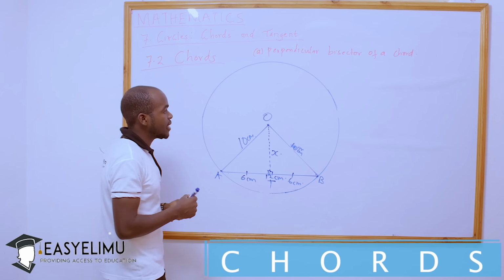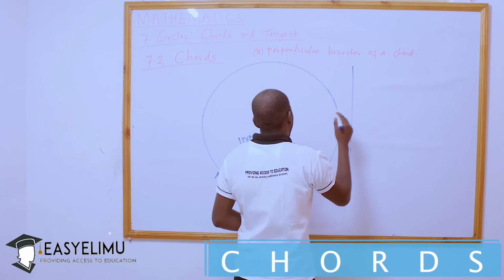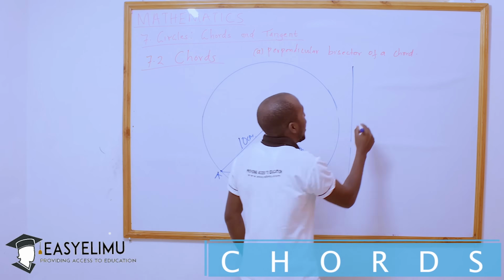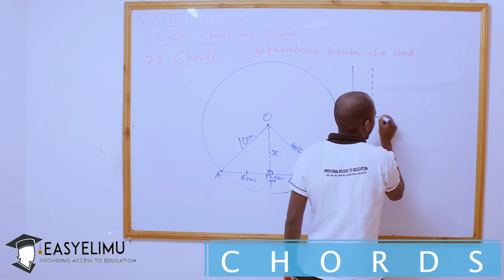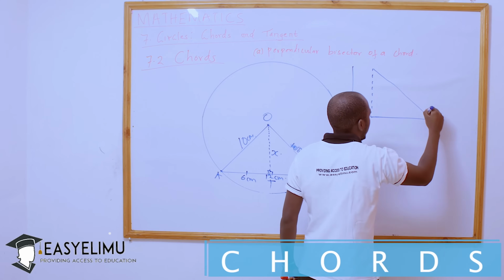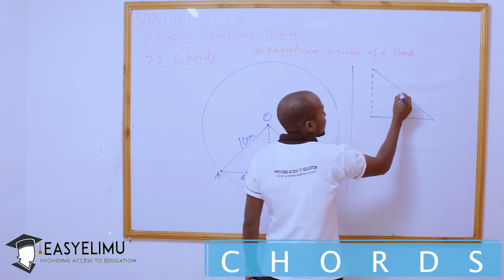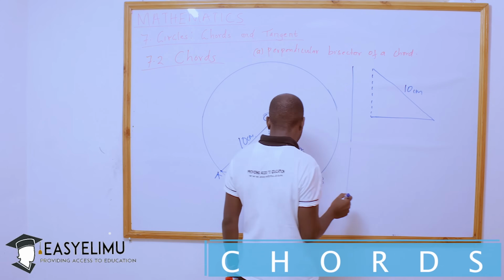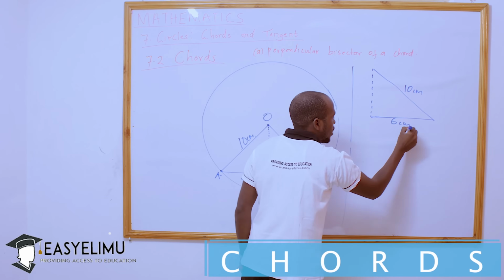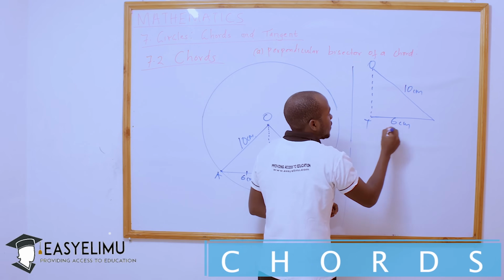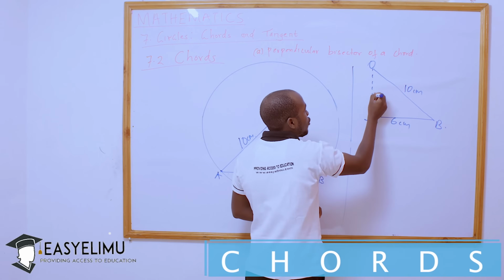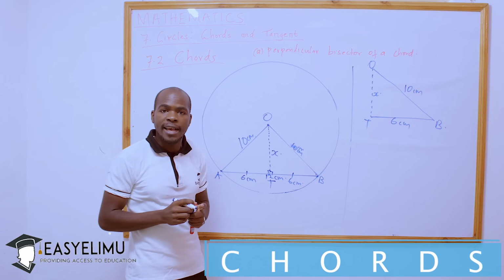So we shall take one of the triangles, which has this side at 10 centimeters, the lower side is 6 centimeters. Here is point O, this is T, and this is B. I need to find this side, which is x.